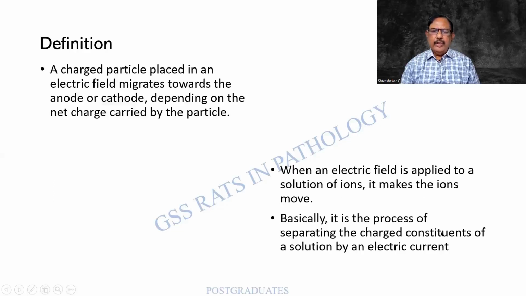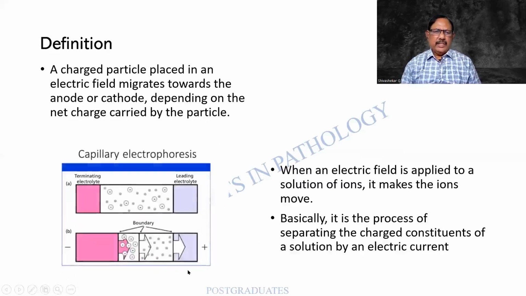Basically, it is a process of separating the constituents of a solution which are charged. Whatever it be, you will have to explain it. It is not very difficult. This is just an example, capillary electrophoresis. There is a negative charge and then a positive charge. The ions are placed over here and then they move towards one pole.